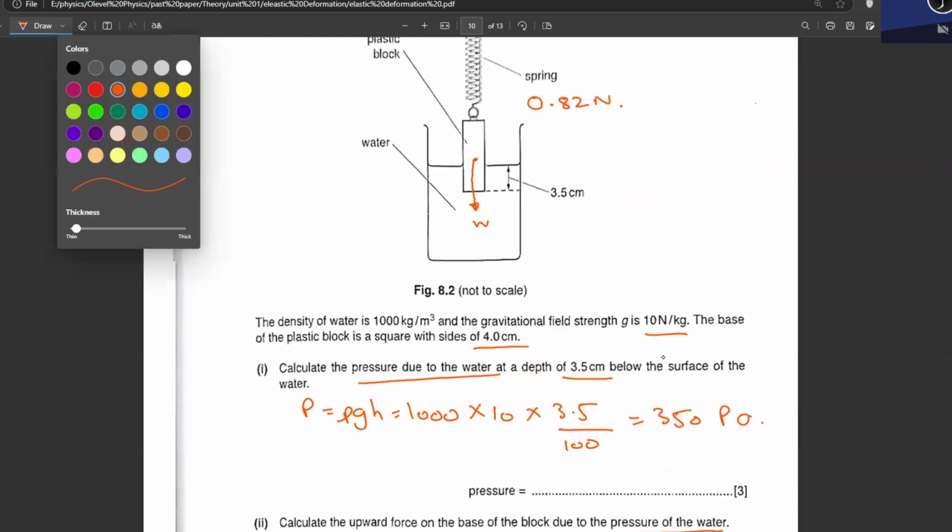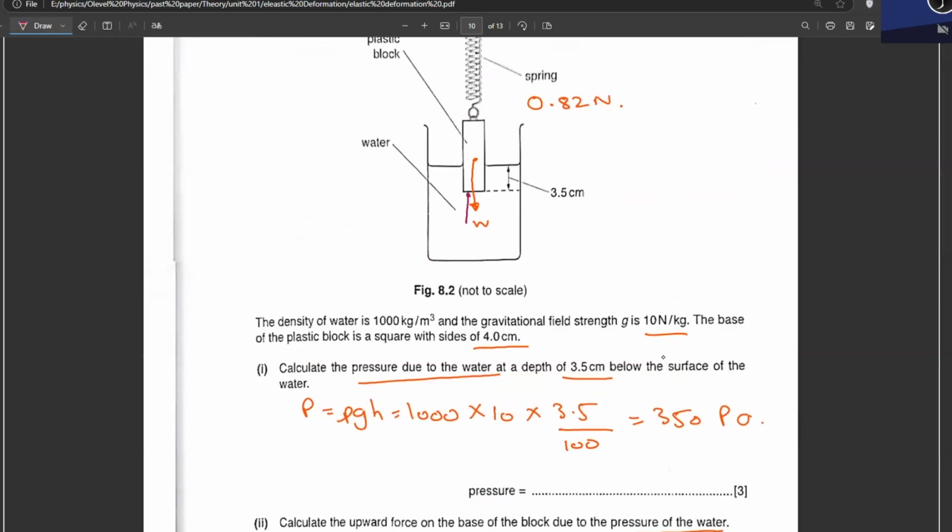There is an upward force on the block that we have just calculated, 0.56, and there is a downward force that is weight. Both of them collectively give a resultant force downward of 0.82 Newton. So you can say weight minus 0.56, that is the upward force, gives you a value of 0.82 Newton.